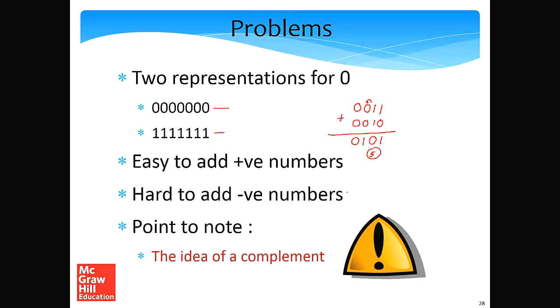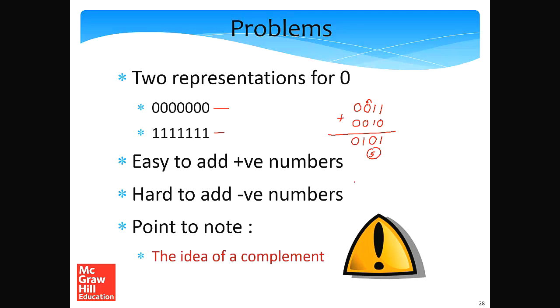This is absolutely fine. It's easy to add positive numbers. Unfortunately, it's hard to add negative numbers in this particular representation, and that is the sad part of doing this. Negative numbers cannot really be added the way that we added positive numbers, and that will create some problems for us, which is not something that we wanted.